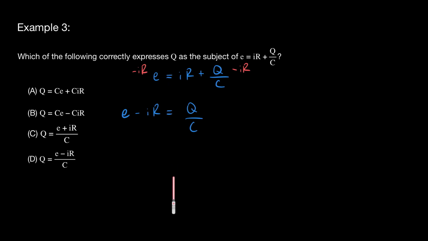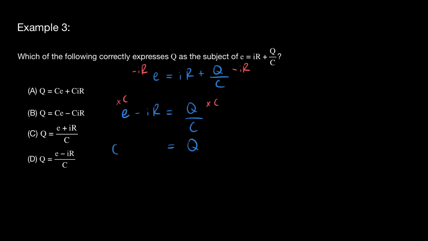Okay, when I'm working through these, I try and line up my equal signs below so it's easier to read and to follow. Now, final step, I need to move that C to the other side. So I'm going to multiply both sides by C.